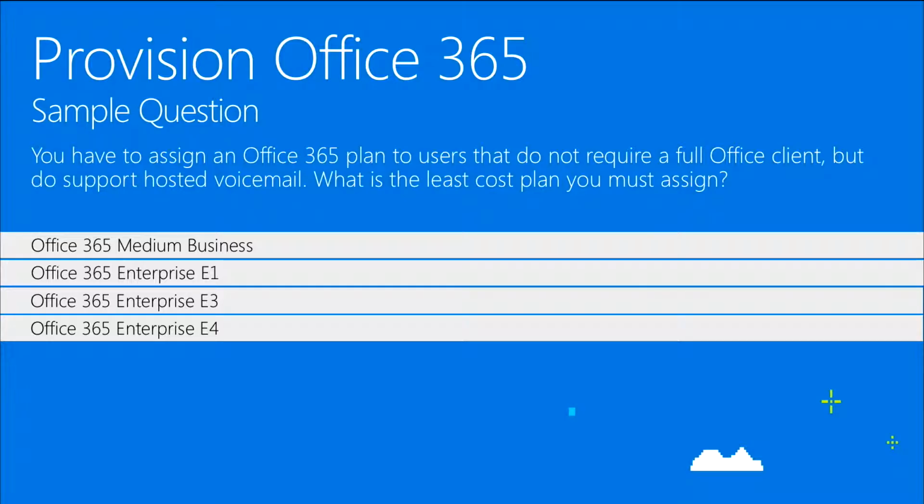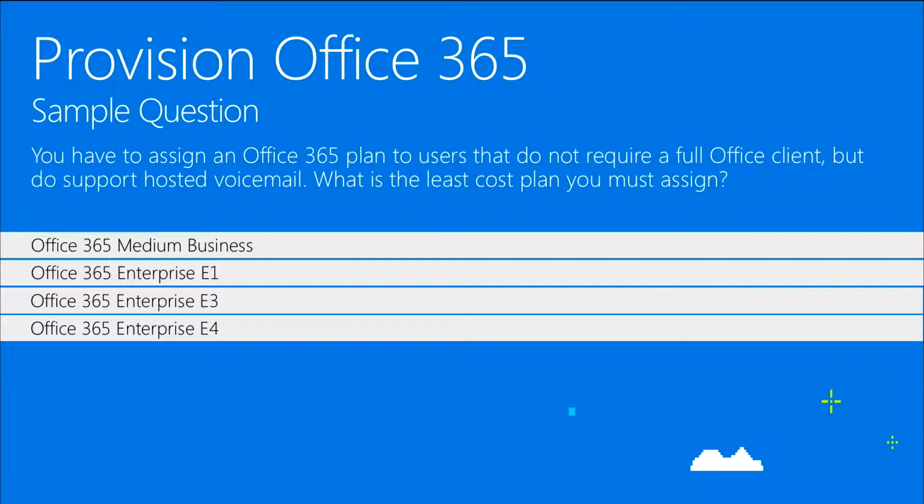Okay, so a couple of sample questions. As I mentioned, it's really important that you know which SKU. So quick question: you have to assign an Office 365 plan to users that do not require a full Office client, but do support hosted voicemail. So again, what's the best plan that you need to assign?